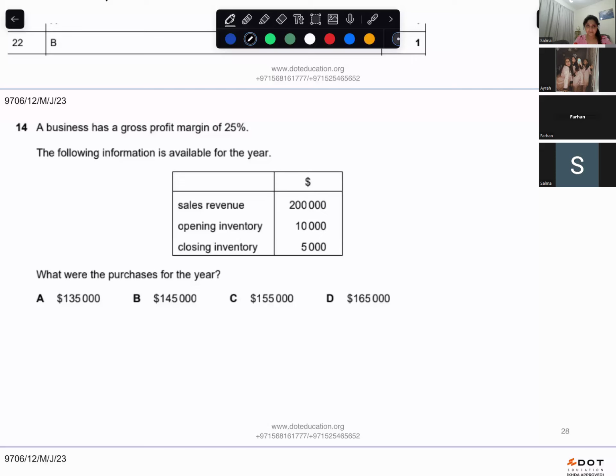A business has a gross profit margin of 25% and we are supposed to calculate the purchases for the year. Sales minus cost of sales will give you gross profit. Sales is 200,000, and gross profit margin is 25%, so it's 50,000.